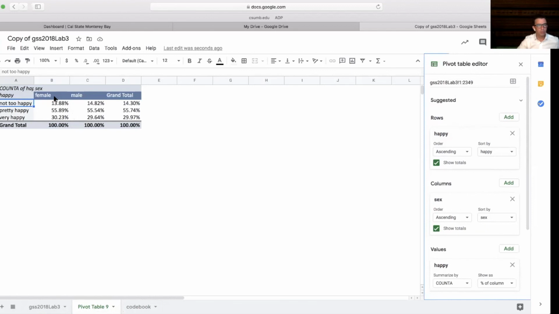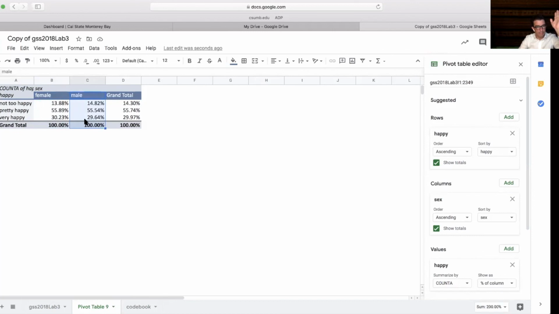So now my table is ready to compare. All right, so if we go here and compare, the female column is showing the distribution for the variable happy only for female respondents. And the column for male is showing us the distribution of happiness only for male respondents.